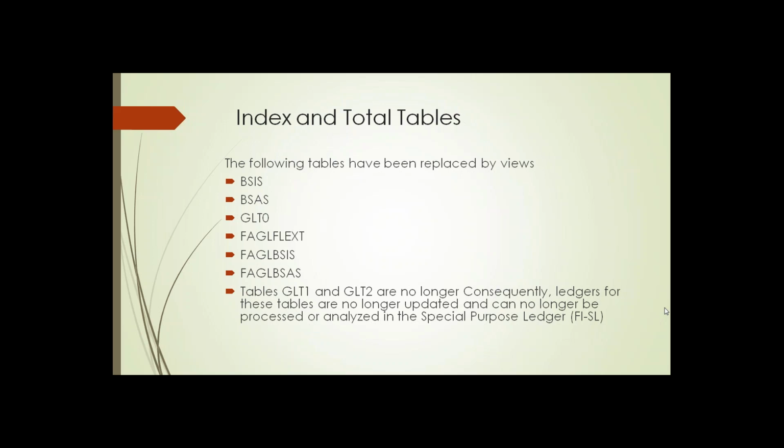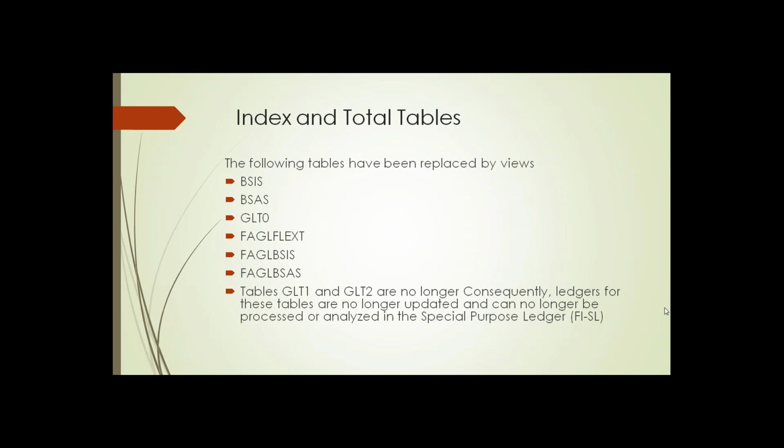Okay, I think for totals tables, there is no confusion. I think most of you would be aware of what a totals table is. So FAGL Flex T or GLT1, these are the totals tables which store the totals of the transactional data. While there are tables like BSIS, BSAS, which store the open items and the cleared items when we run these reports FBL1N, FBL3N, FBL5N.